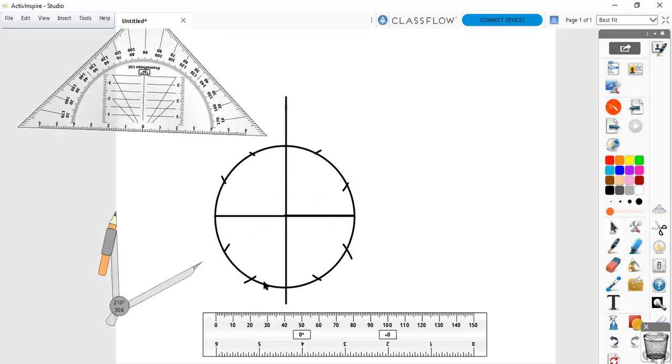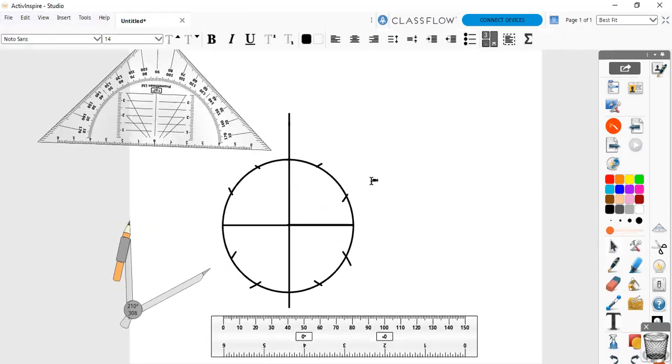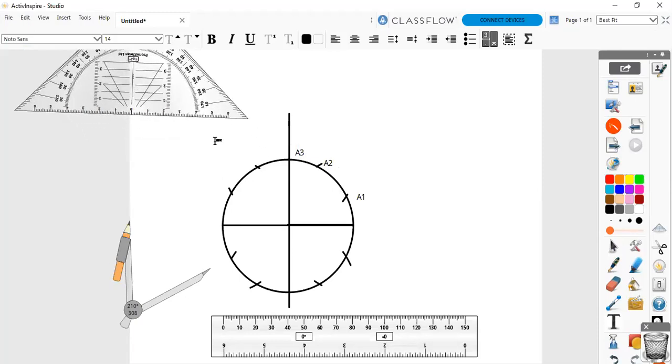Now if I write the different points as is given in the tutorial book, you can also give the names of these points, like it is point A1, this is your point A2, this upper point is considered as point A3. Give the nomenclature of these different points like this.